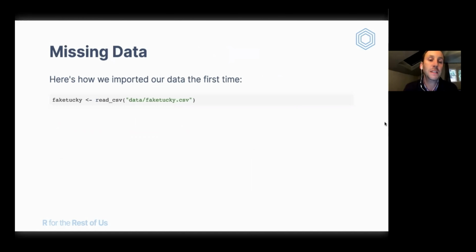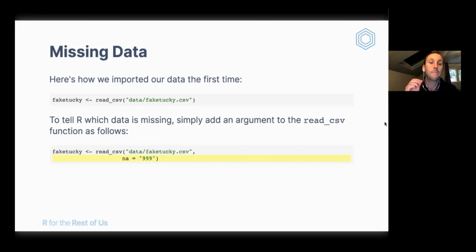So in terms of missing data, recall that this is how we imported our data the first time. So we just ran that line of code. But we can also add an argument to our code to tell ReadCSV what data is missing. And so note that we have a comma after this, and that indicates that there's an additional argument. And so the argument is NA equals.